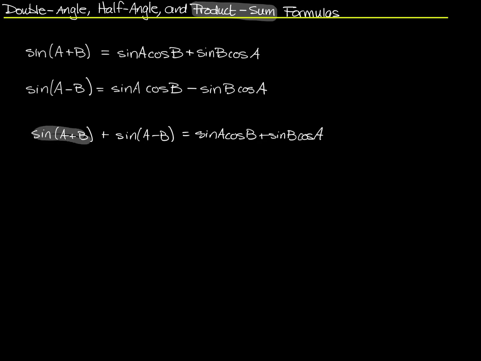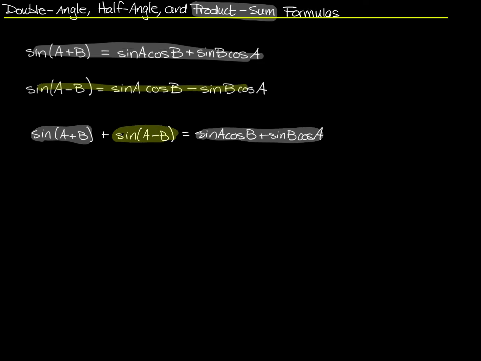The sine of A plus B is equal to this expression, and that's based on this formula we have here. Now I'm going to add sine of A minus B, and that's based on this expression here. So I'll have plus sine A cosine B minus sine B cosine A.